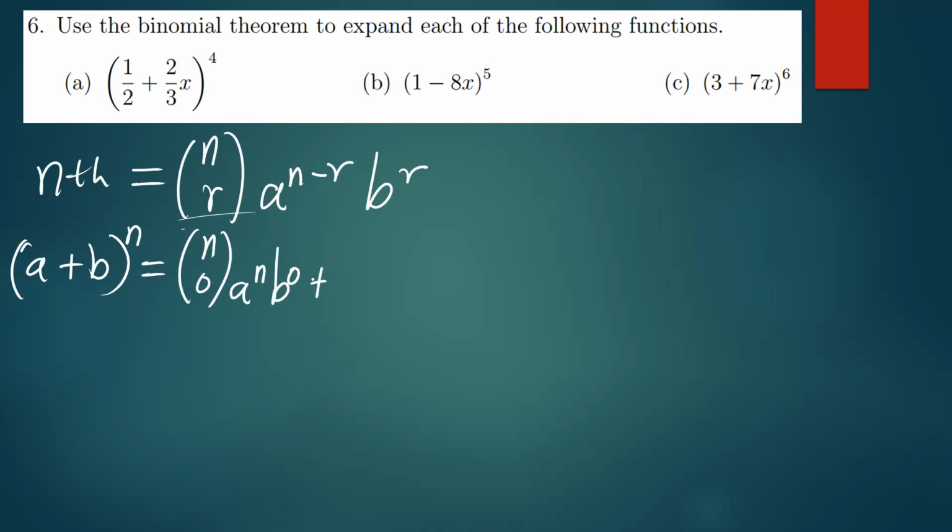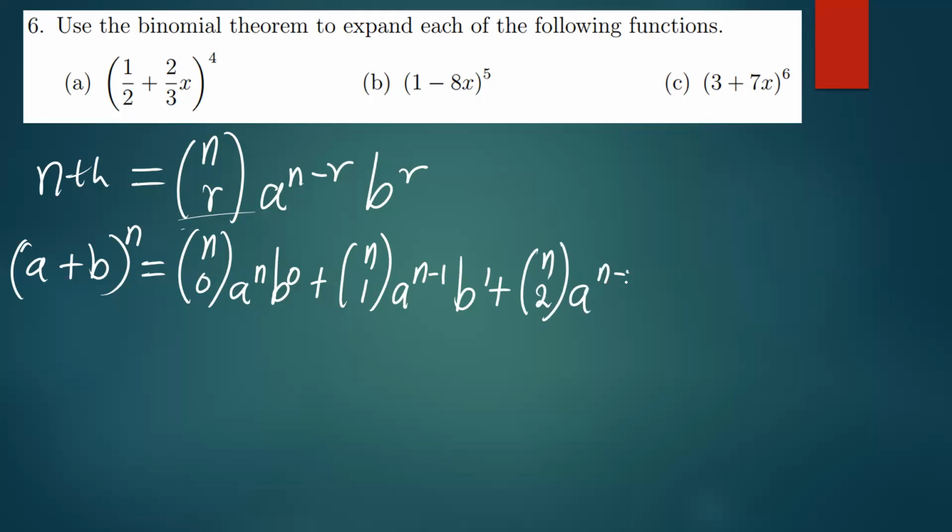Then the second term will be n choose 1, and then this will be a to the power n minus 1, b to the power 1. So whatever you have as the value of r there is what you have as the power of b. And then you keep on subtracting 1 from the power of n there. So we have another term which is n choose 2, and then we have a to the power n minus 2, then b to the power 2.